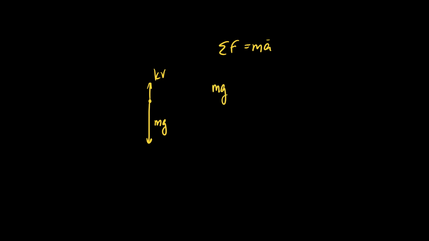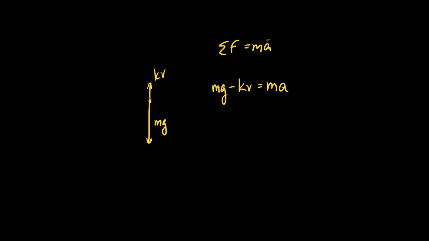So I'm going to pick something in the middle, where I have mg downwards and kv upwards. Newton's second law says the net force equals ma. I'm going to do what Newton's second law says to do. mg minus kv equals ma.